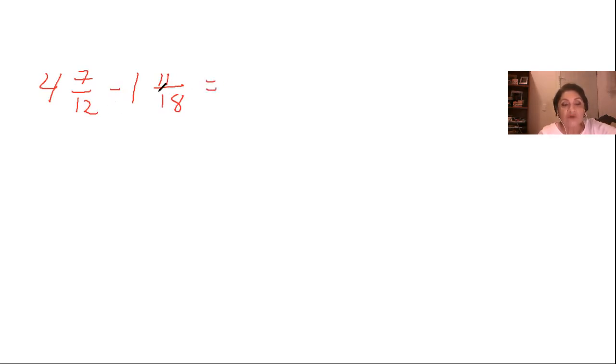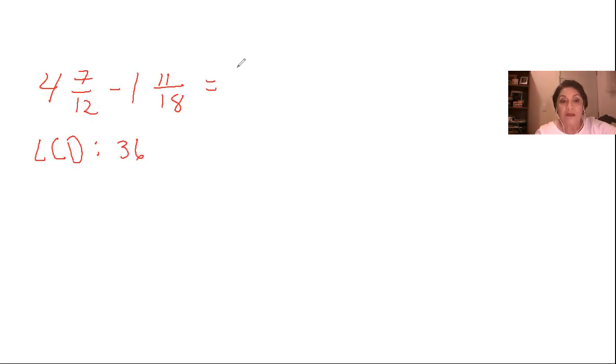To subtract these two mixed numbers, I need to have the same denominator. And the least common denominator between these two fractions is 36. 36 is a number that divides evenly 12 and 18.